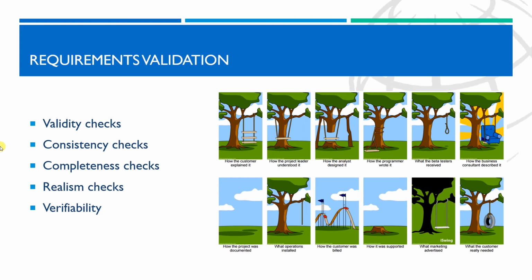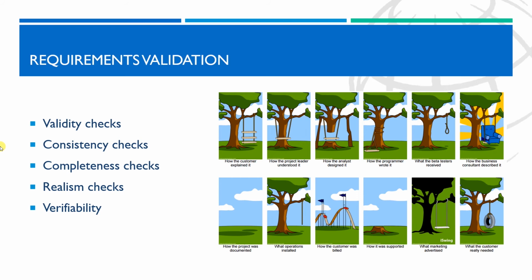And for the second, the consistency checks, requirements in the document shouldn't conflict. That is, there shouldn't be contradictory constraints or different descriptions of the same system function. We have a question to answer in this check, that is, are there any requirements conflicts?